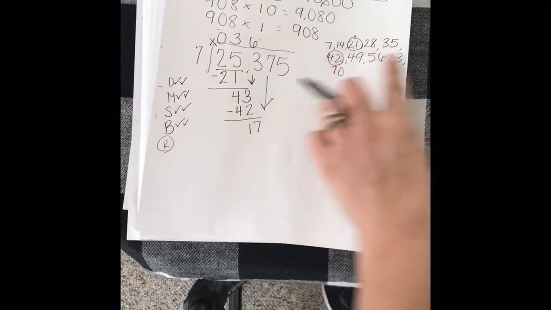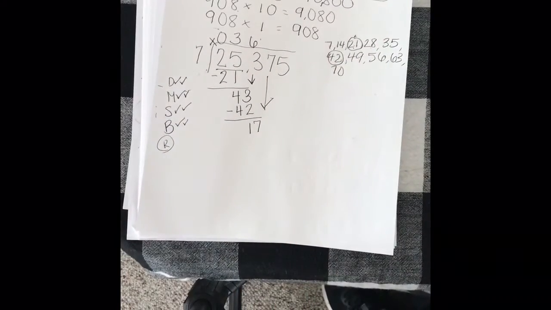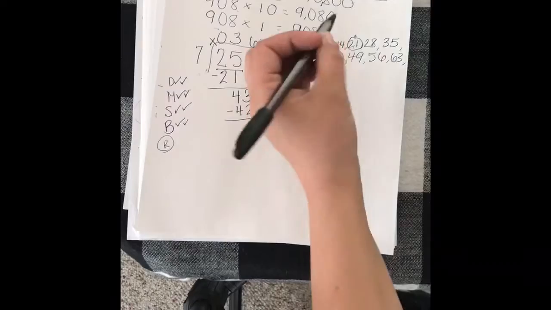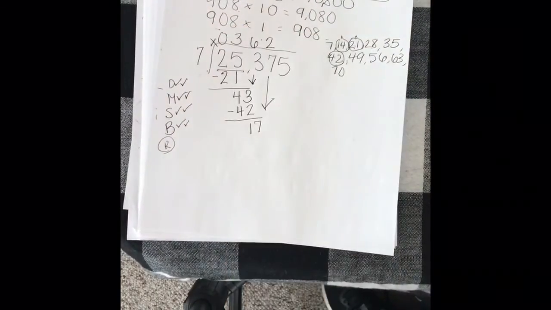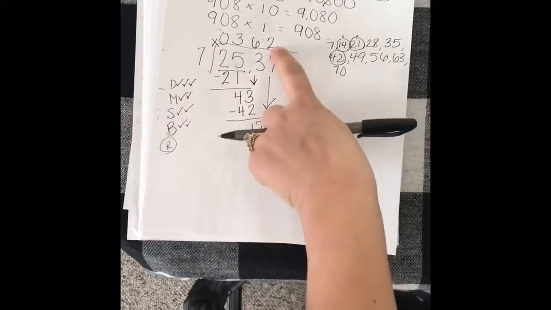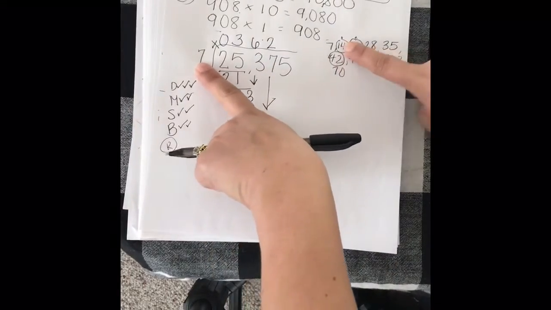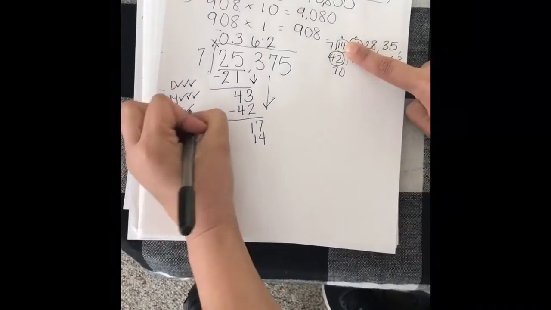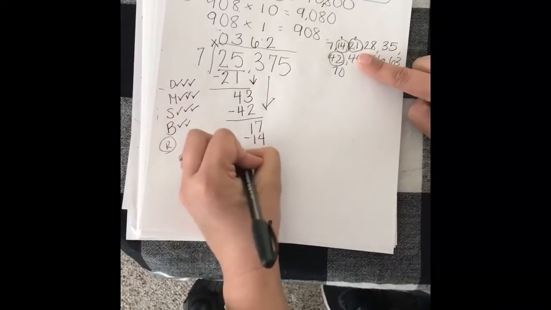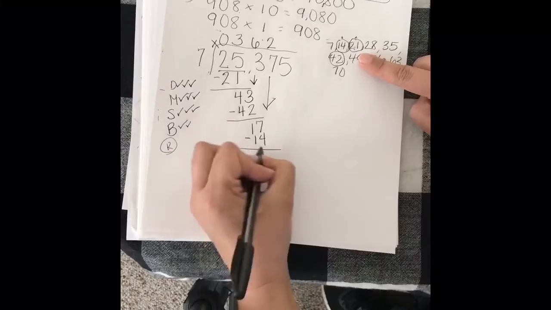And I'm looking for the number 17. I don't see the number 17, but I do see 14. And I know 7 can go into 14 2 times. That's me dividing. 2 times 7 is 14. Multiplying. So now we'll subtract. 17 minus 14. Yep, you got it.